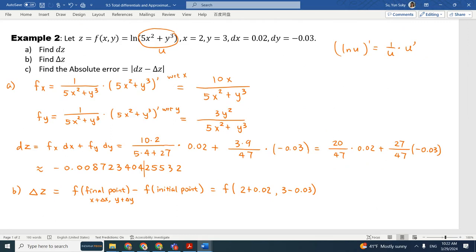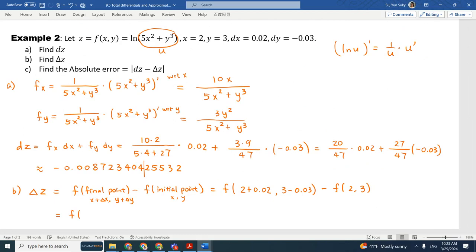The x is 2, the change of x is 0.02. Y is 3, the change of y is negative 0.03. This is the final point. How about the initial point? Your initial point, x y, what is that? Yeah, 2 and 3, right.